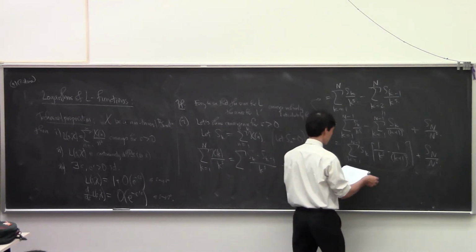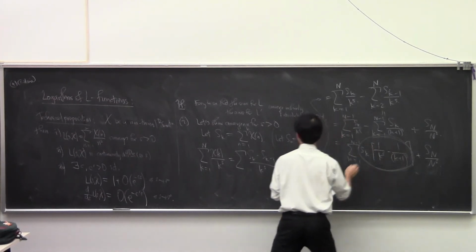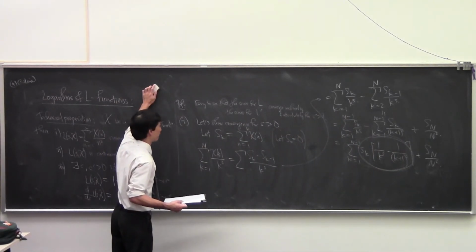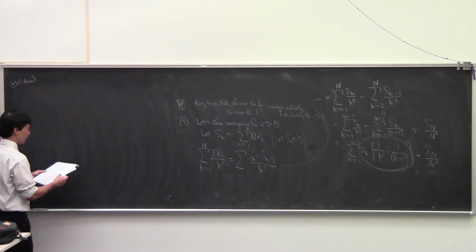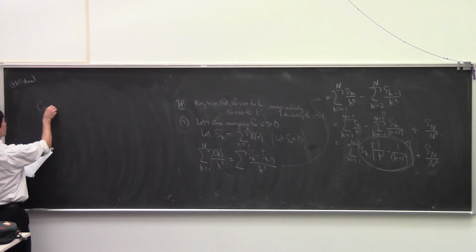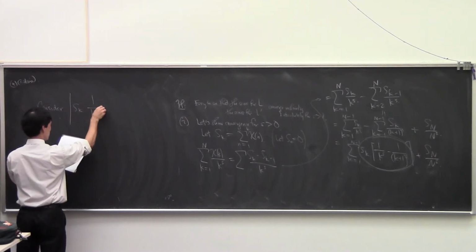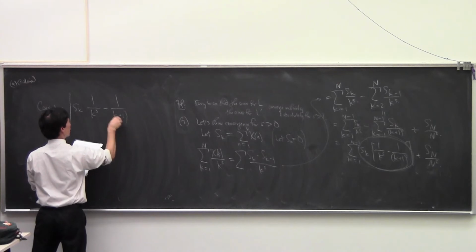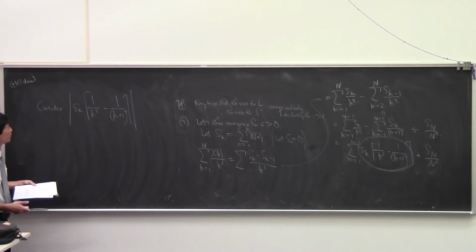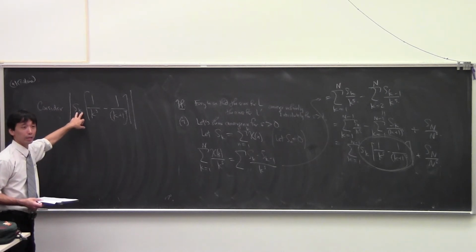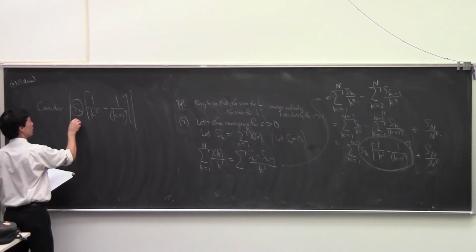So let's consider this thing: S_k times (1 over k^s minus 1 over (k+1)^s). Well, S_k is the sum from 1 to k of the Dirichlet character, so we have control by the key lemma.